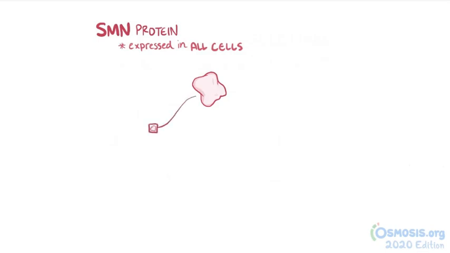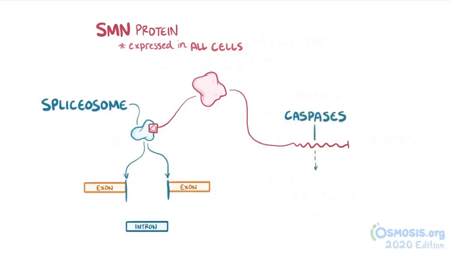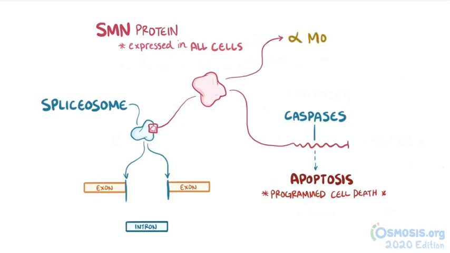For one, the SMN protein is a component of the spliceosome, a molecular machine that cuts the introns out of pre-messenger RNAs. SMN also blocks caspases, which are proteins involved in apoptosis, or programmed cell death. So lacking SMN might also enhance apoptosis. SMN protein is particularly important for alpha motor neurons, but the exact mechanism relating the protein to the function of those cells is still unclear.